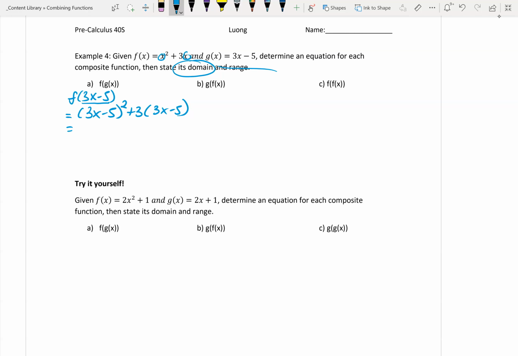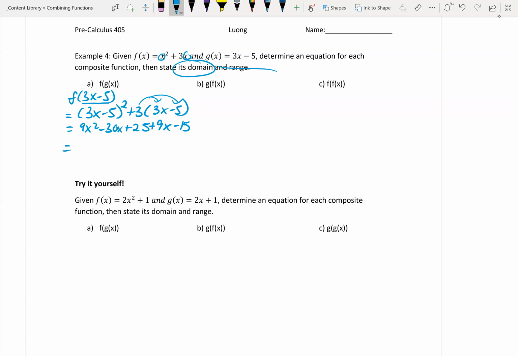Now I'm going to simplify. That's 3x minus 5 times 3x minus 5, which is 9x squared minus 30x plus 25 plus 9x minus 15. So I again multiply 3x minus 5 times 3x minus 5, and I distribute this 3 to each term in the bracket.